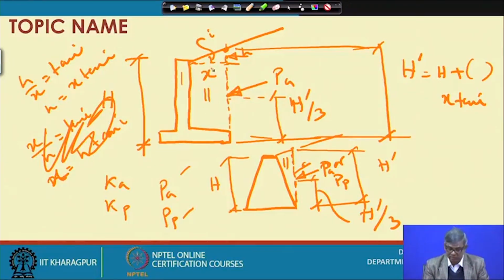Similarly, when you consider this one, the weight of this wall and the weight of this portion will also be considered for the stability analysis. But stability analysis is out of the scope of this course, so we will not discuss that. We will only show how to find active earth pressure and passive earth pressure by different methods. So this much here, and let me stop here and proceed to the next. Thank you.